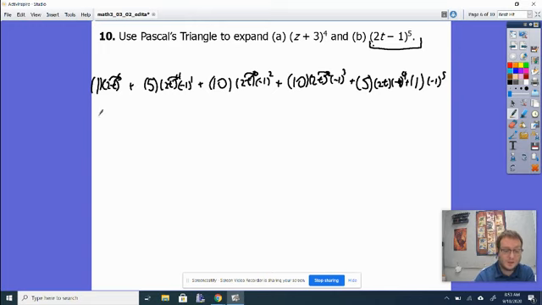Okay, so I can start getting rid of parentheses here. 1 times, actually let's not get rid of parentheses yet.